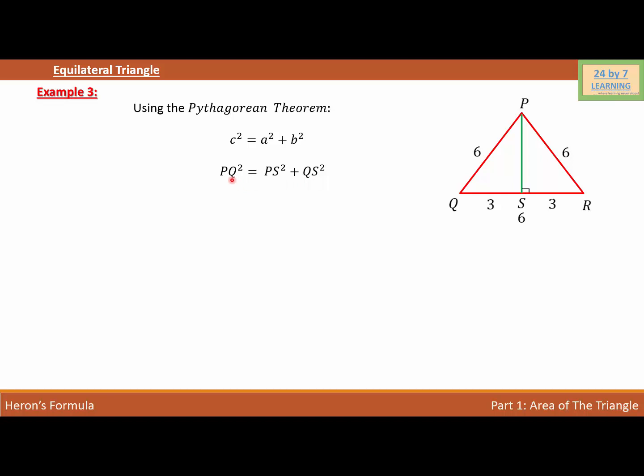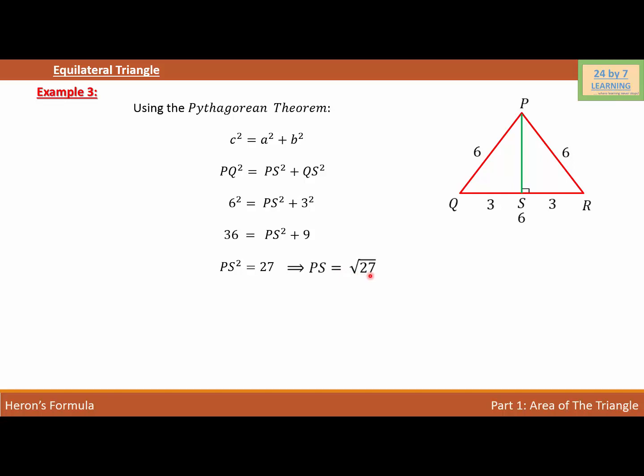Let's substitute the values. PQ is 6, so I will write 6 squared is equal to PS squared, which I need to find, plus QS is 3, so 3 squared. So 6 squared is 36, equal to PS squared plus 3 squared, which is 9. Now if I simplify, I will get PS squared is equal to 27, which simply means that PS is equal to the square root of 27.